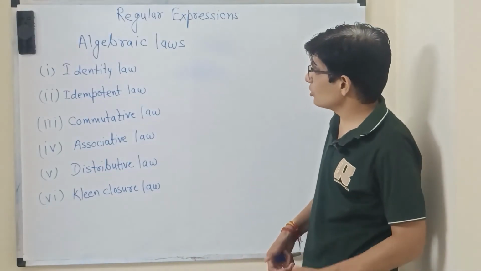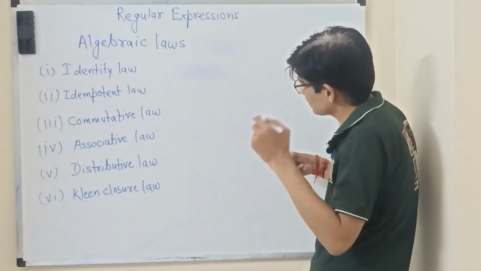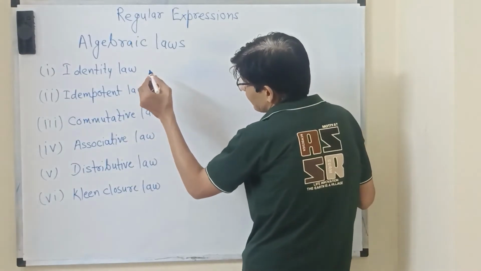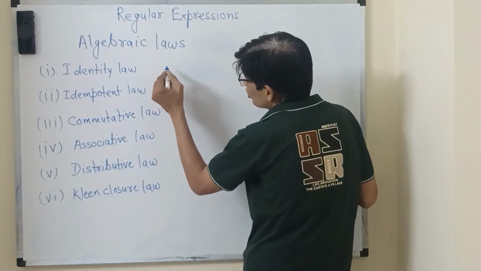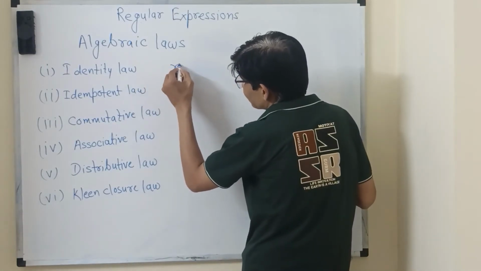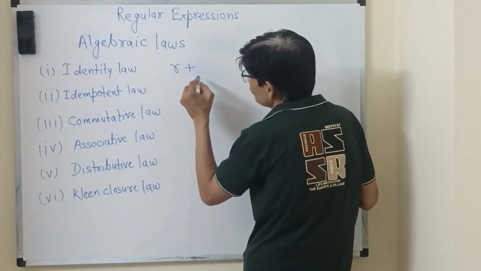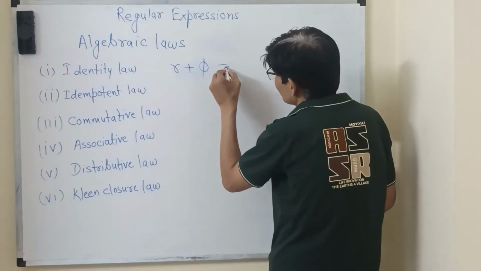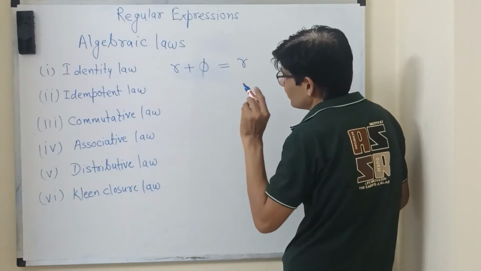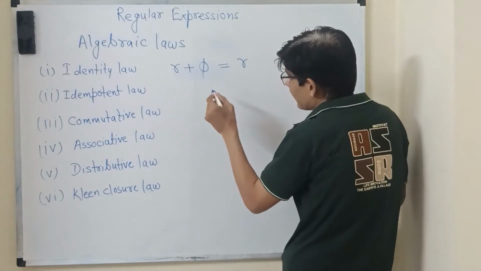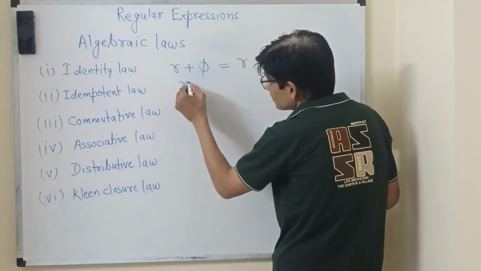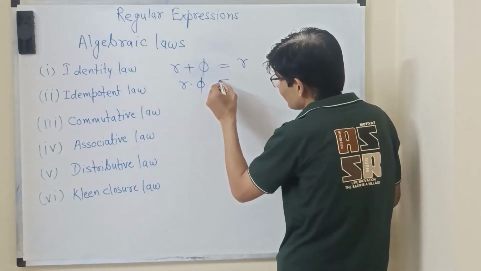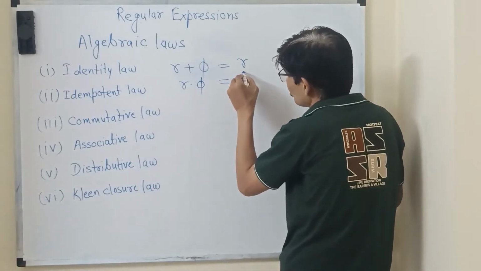Identity law basically relates any regular expression with the empty set. Empty set means phi. If one regular expression is R, then its union with phi will be equal to R itself. And its concatenation with phi will give you phi.